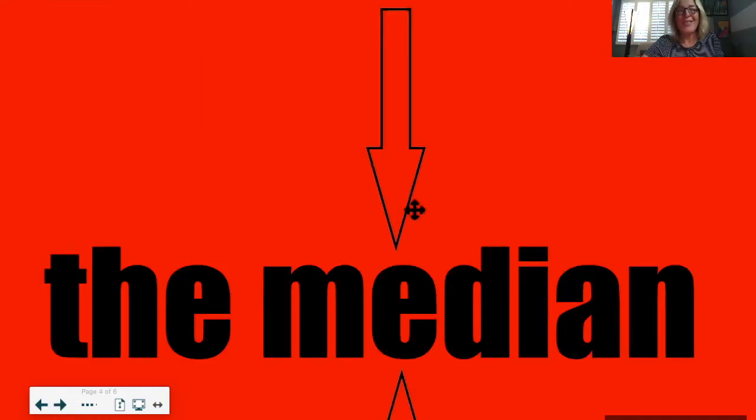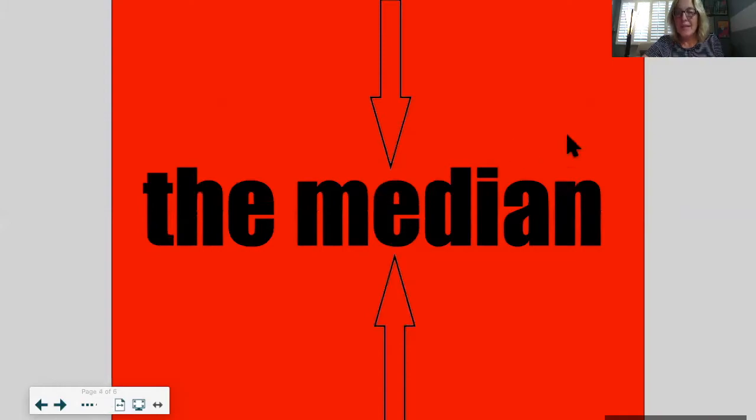Another measure of central tendency is the median. So if you could write those words out, the median, and you'll notice that the E has arrows pointed to it. The reason for that is that it's the middle letter. If you start on the outsides, we have an N and a T. Those are the outside most letters.